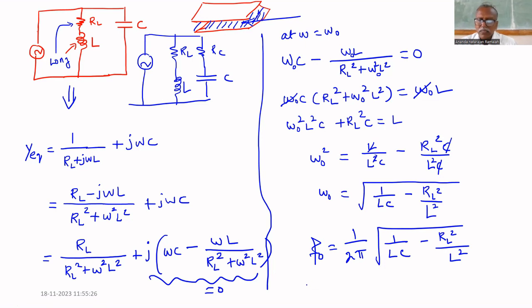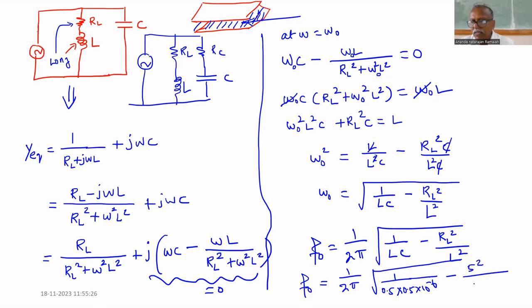Substituting in this, f naught equals 1 by 2 pi times the square root of 1 by L, which is 0.5 Henry, multiplied by 0.5 microfarad times 10 power minus 6, minus RL 5 square divided by L 0.5 square.